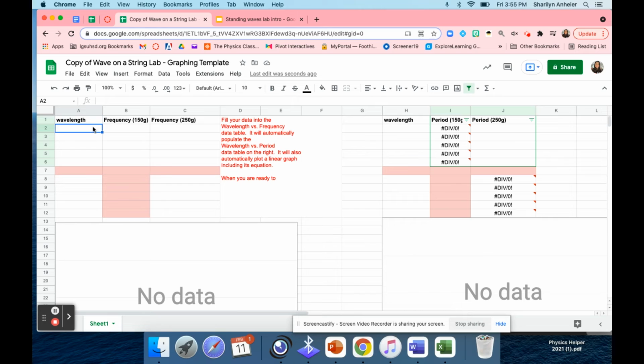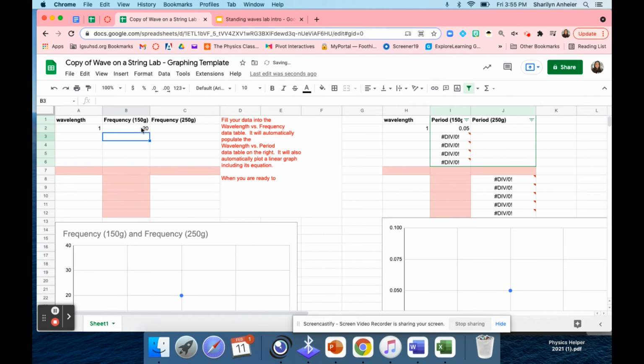So whatever your wavelength is, let's say it's a wavelength of 1 meter, and you have a frequency of 20, it's going to automatically populate not only in the graph down here, but also automatically populate in the wavelength and period graph. So you don't have to do that calculation by hand, unlike the students in class had to do.